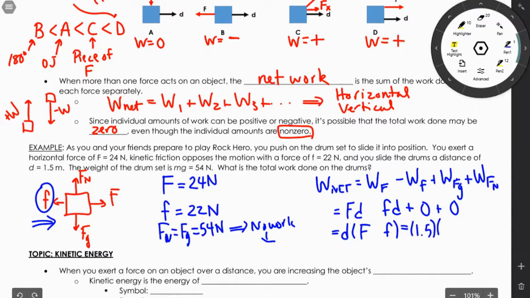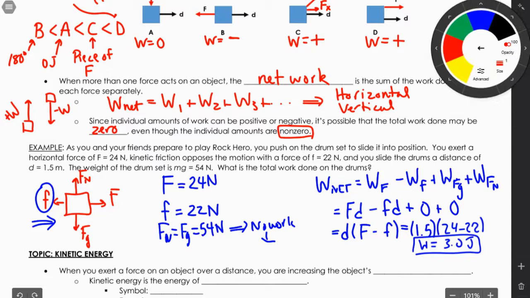These plus signs should be negative. So it's going to be 24 minus 22, which will be 3 joules of work done on this. And one thing to note, this right here is F net, the net force acting on that object.